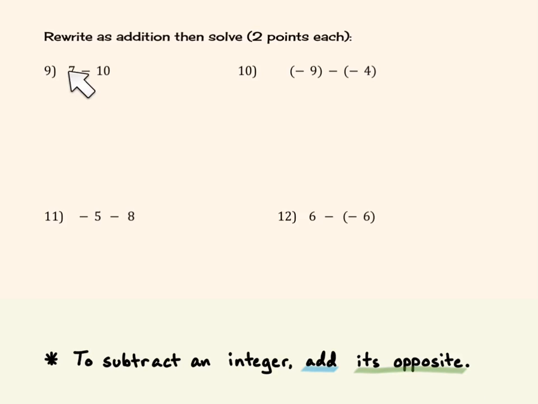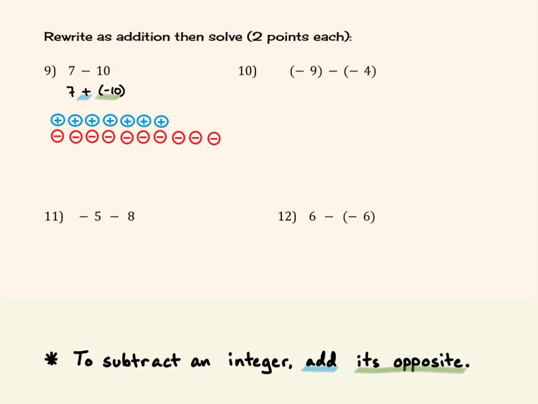So instead of 7 minus 10, it becomes 7 plus -10. So I added the opposite. And this is a war, but I can show 7 positives, 10 negatives, show where they cancel each other out. I end up with -3.